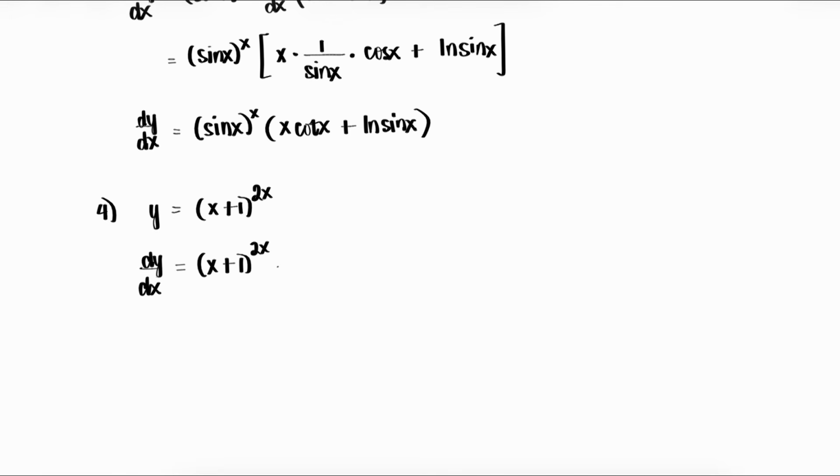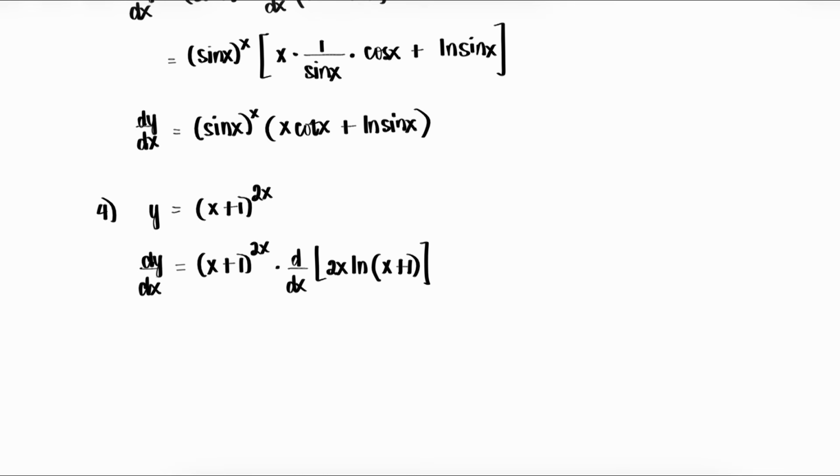Multiply it to the derivative with respect to x of v, which is 2x, ln of x plus 1. Okay, so let us change the parenthesis here with a bracket so we do not get confused.